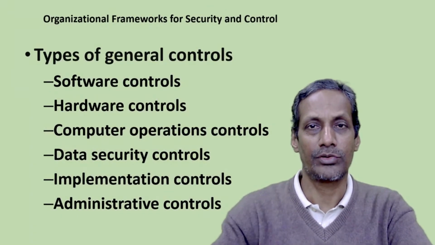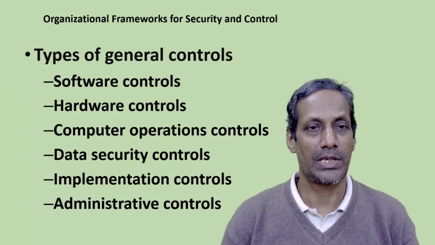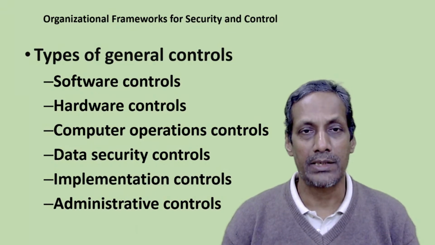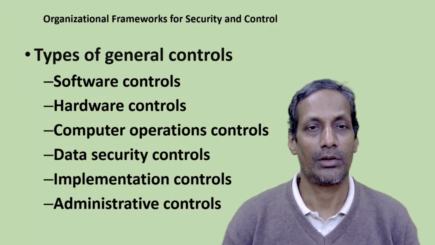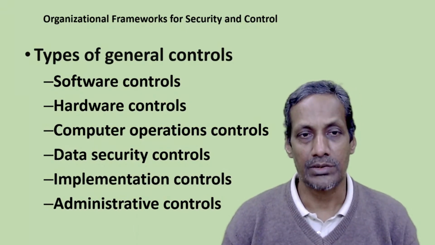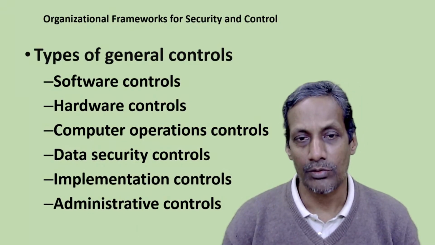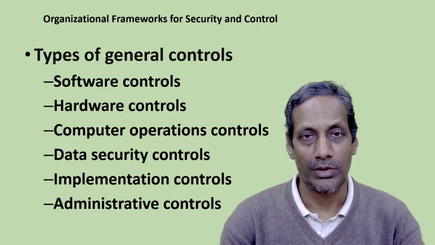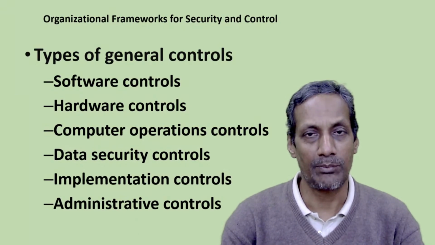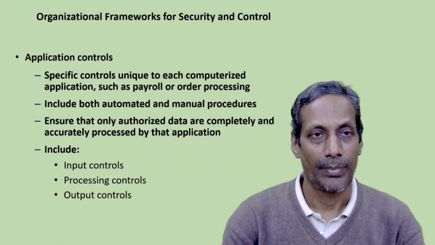Types of general controls: whenever we have these set of components of information systems, we can have control mechanisms installed to the software, to the hardware, the computer operations, to the data, the implementation controls, and the administrative controls. These controls are put in place to keep the information systems secure.